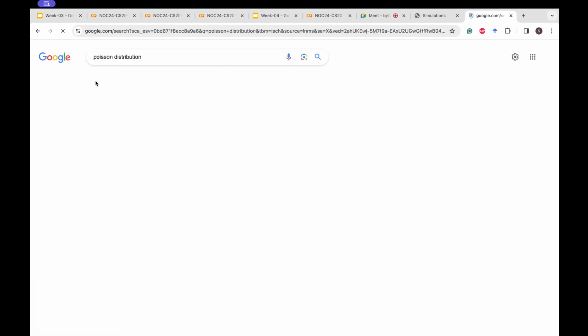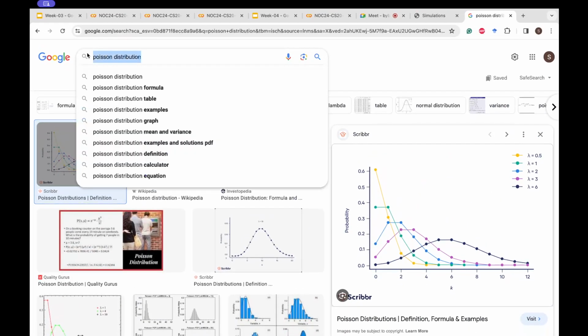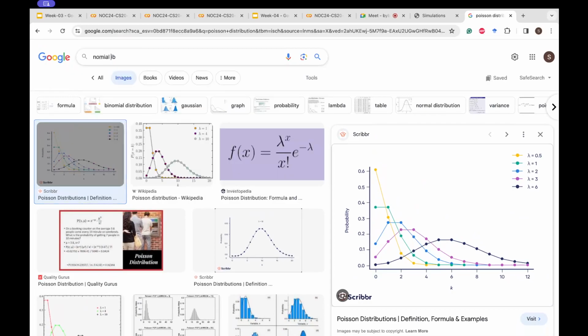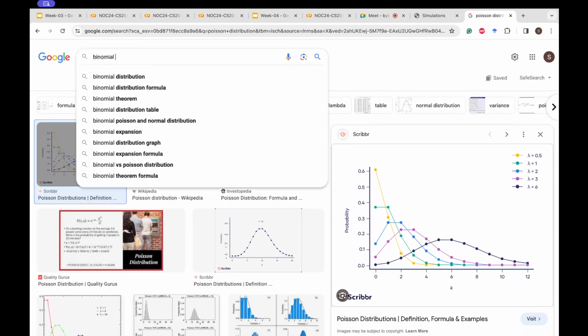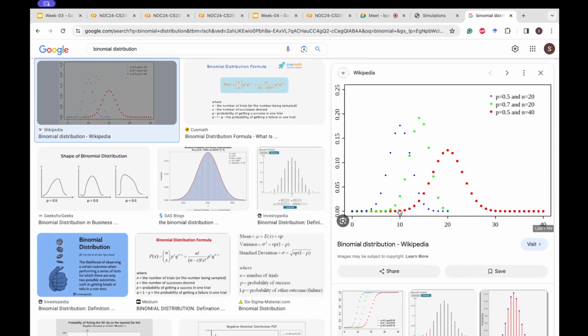First, let us see binomial distribution once. It looks pretty much similar to how the normal distribution looks, but one thing you should notice, it is discrete in nature. You can see discrete points over here. It's not continuous in nature.